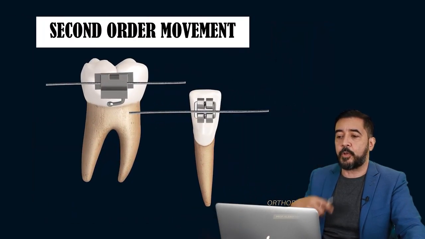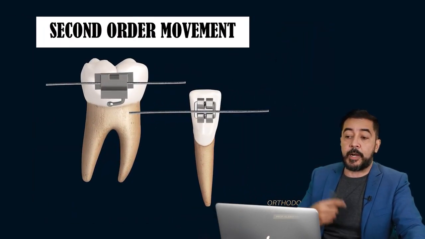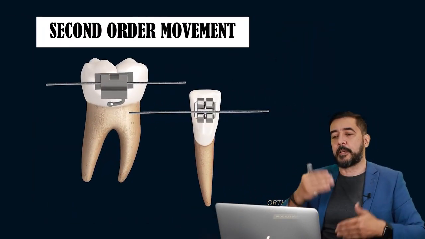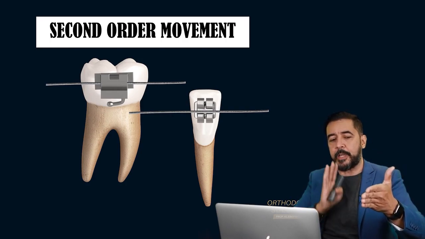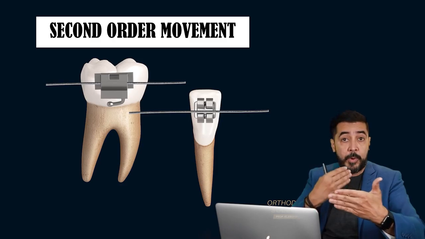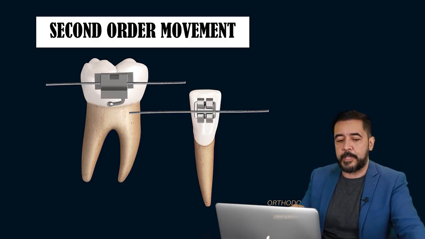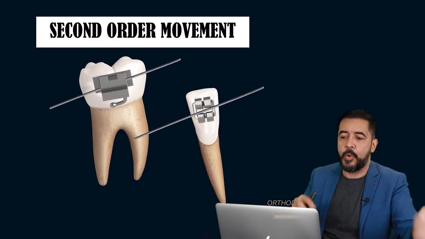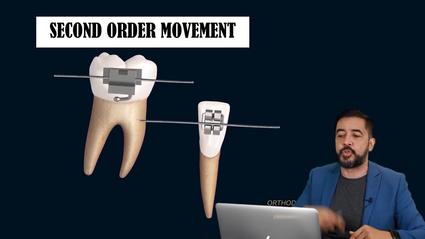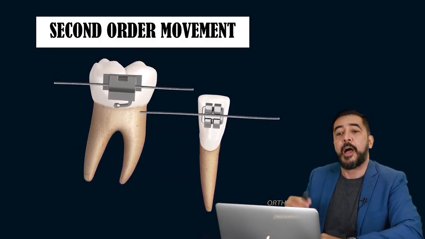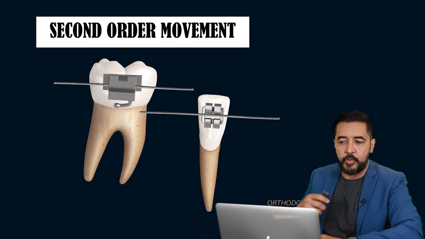So we have the second order movements. Those are the movements that are made in the vertical direction. So when you see laterally our teeth or our model, we see the movements that we do in this situation. So angulation is a second order movement, and intrusion or extrusion are also second order movements.